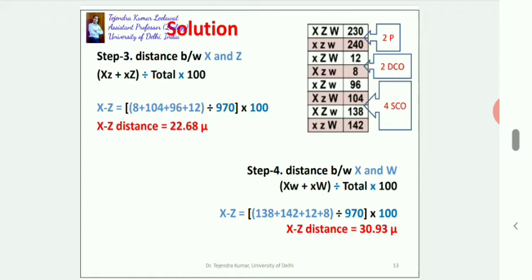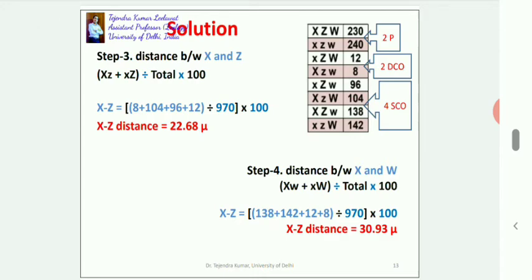So where capital X and small z are found, you have to identify in this table, and there is number 8. There is capital X, small z, small w, right? It means capital X and small z is there. Another one is 104.